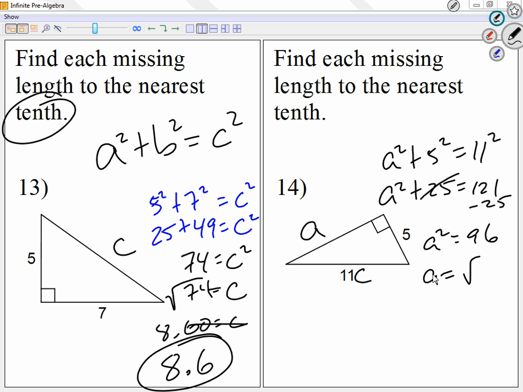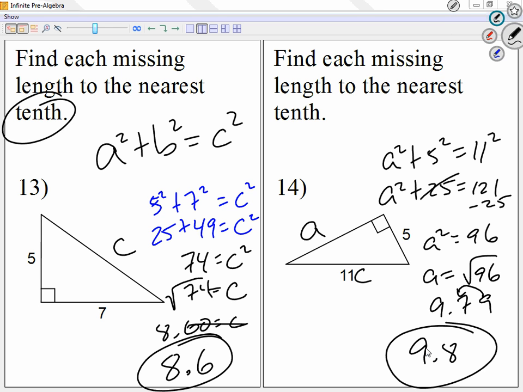That means that a is the square root of 96. When I type that in the calculator, I get 9.79. Since the 9 is big, I'm going to round this to 9.8. Once again, in this case, we have 1 decimal place.